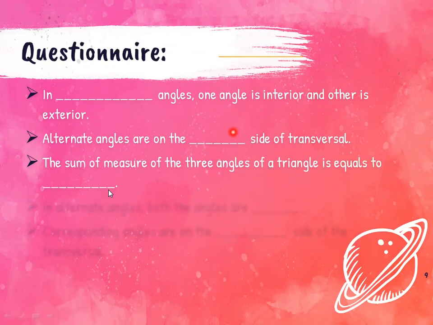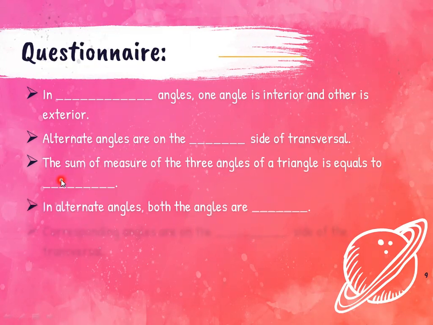Next is the sum of the measure of the three angles of a triangle is always equal to, very simple. If you add all the angles of a triangle, it must be equal to 180 degrees. So the answer for this will be 180 degrees.